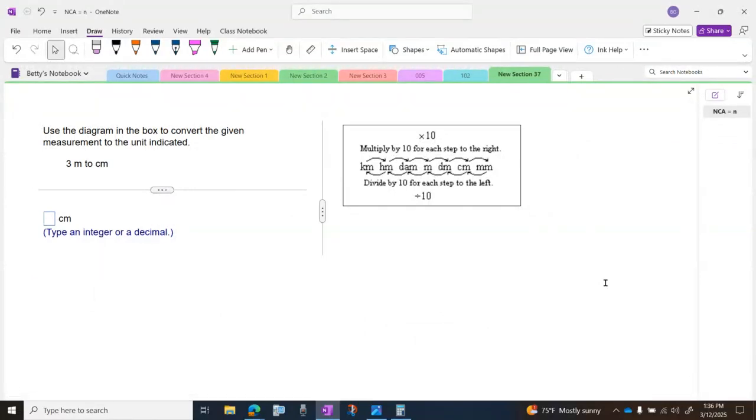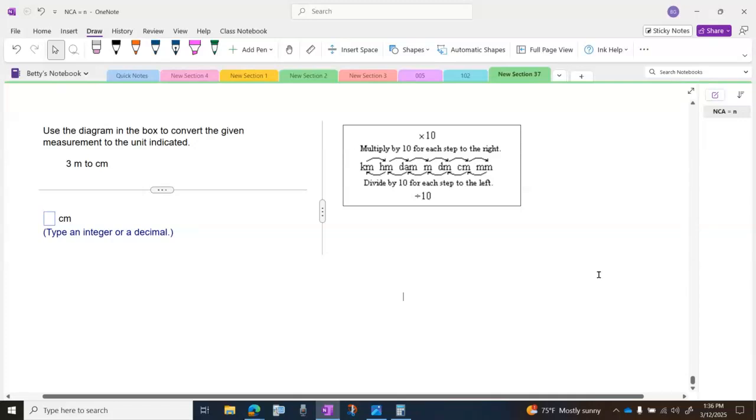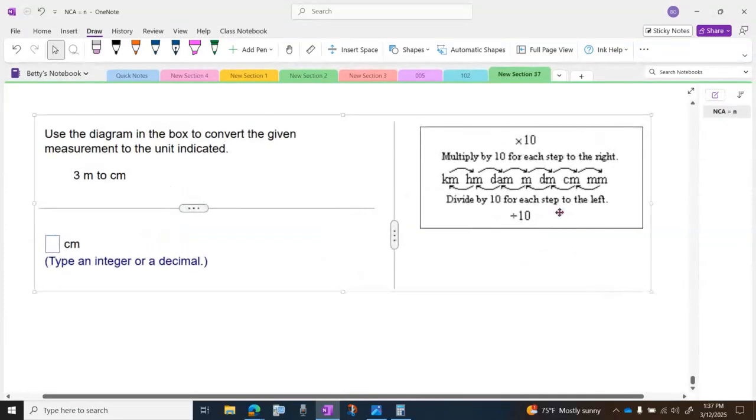For length in the metric system, we use meter, kilometer, millimeter, centimeter, decimeter, meter, decameter, hectometer, and kilometer.